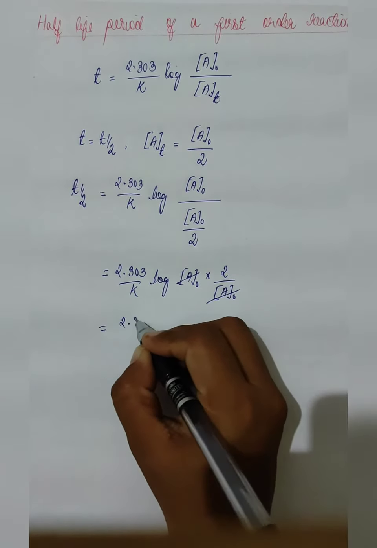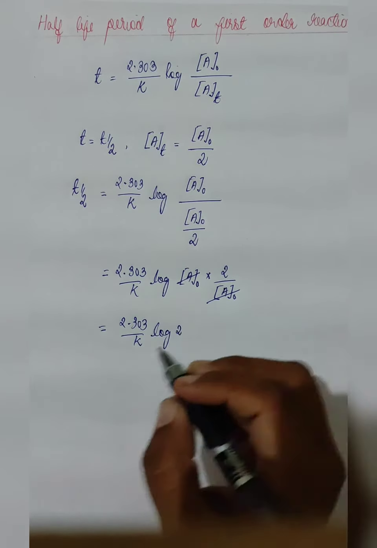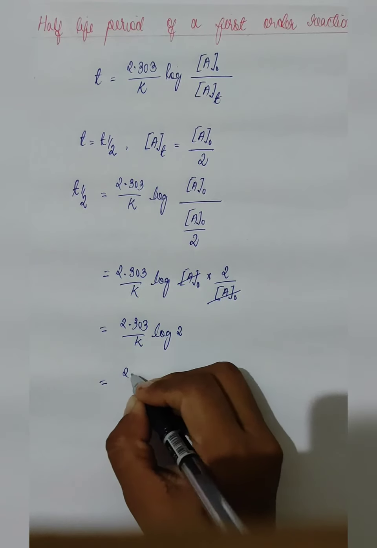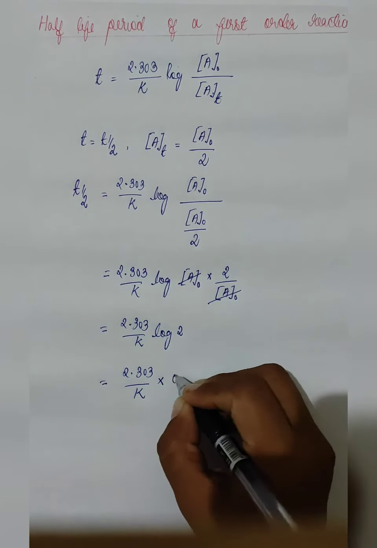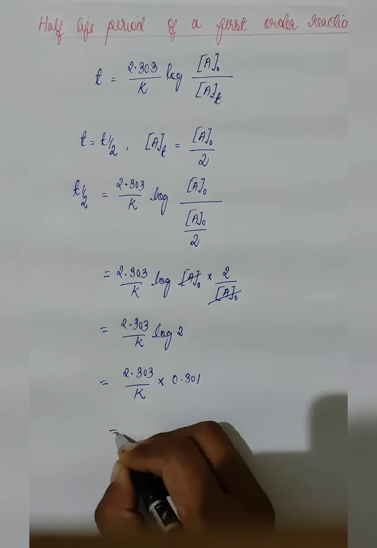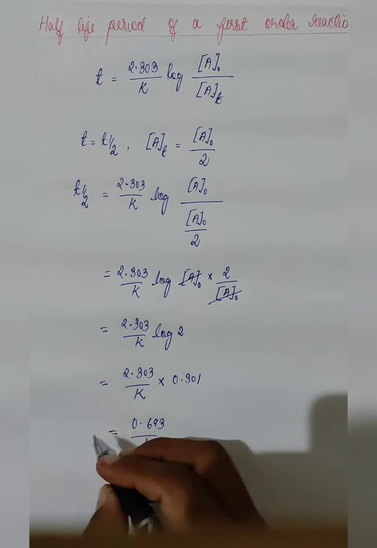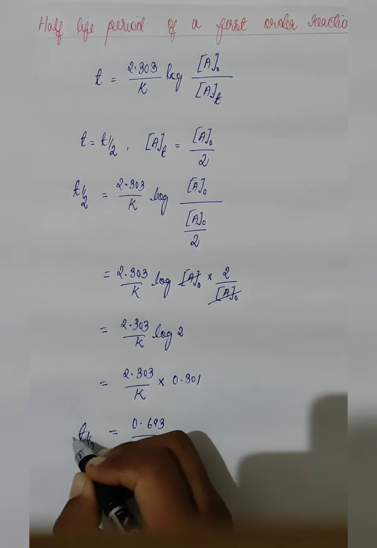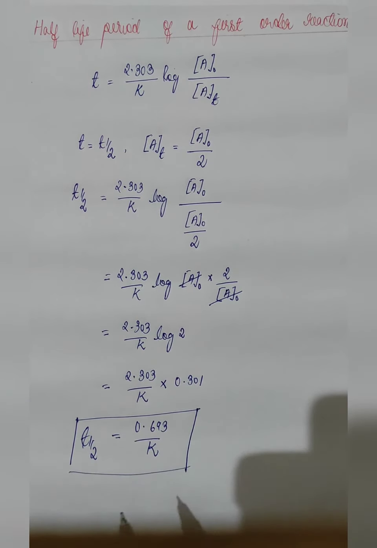We will be left with log 2. Now log 2 value we have 0.301. Upon multiplication of 2.303 by 0.301 we will get 0.693 by k. So this is the half-life period for a first order reaction.